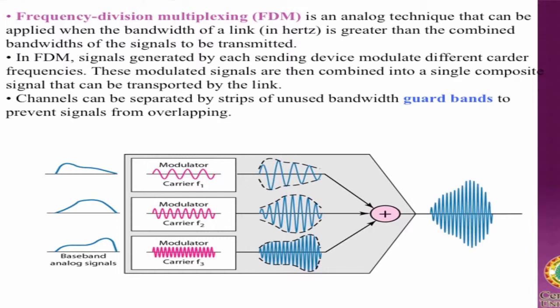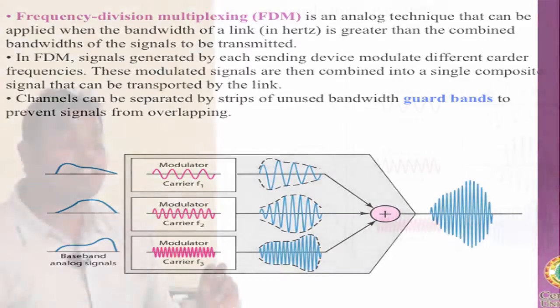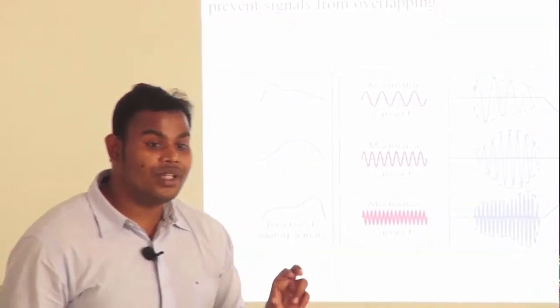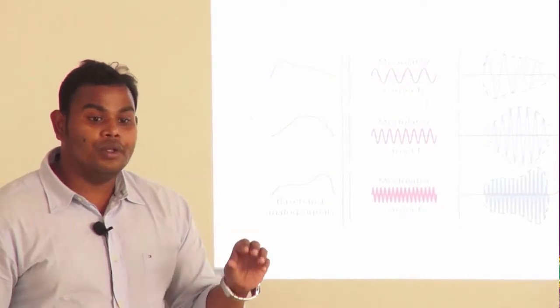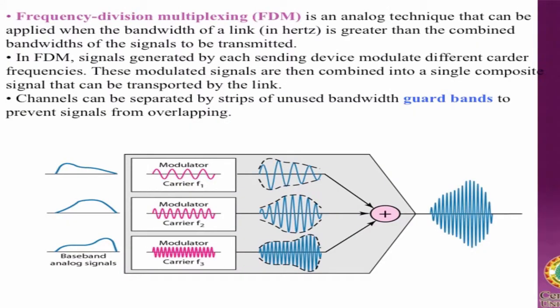This multiplexing is done using frequency division. What we will do is first convert the digital signal into an analog signal, then modulate them into different frequencies. After that, combine them and send them. When we are combining the signals, we provide a guard band in between the signals.